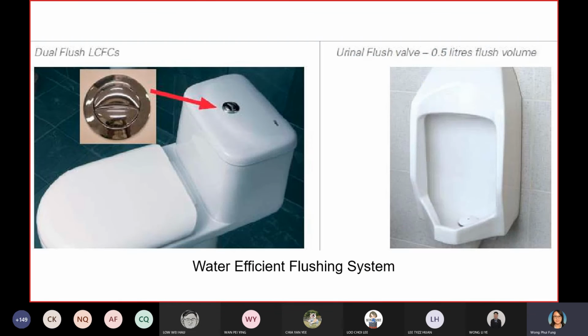So these are some of the things you can see quite commonly in a shopping mall, or in a new property, they also now start to use this dual flush WC, to control the different volume of the water. And this one, the urinal flush valve, they also can control the amount of water to flush, to avoid people overusing the water.